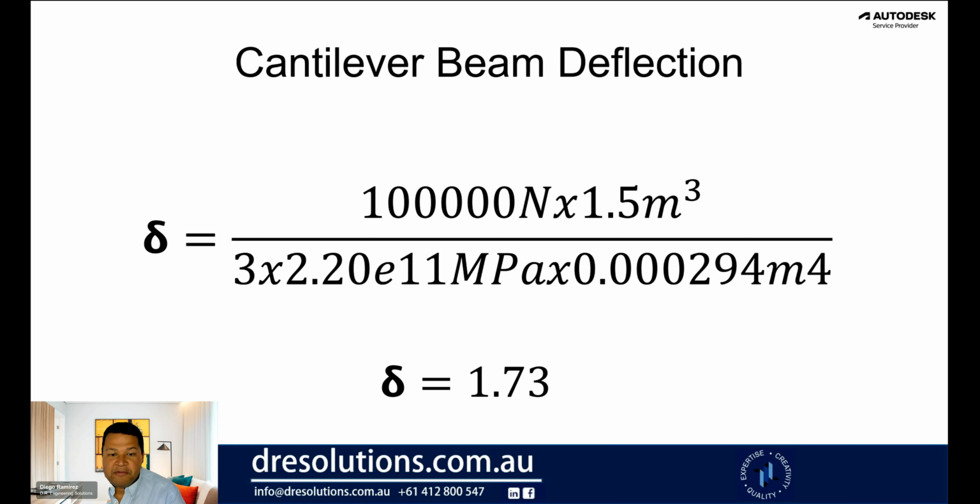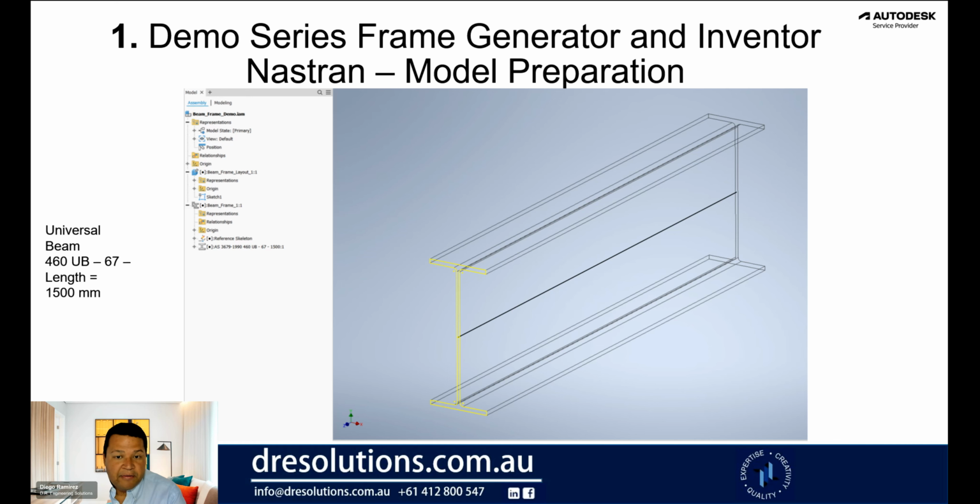So with the information provided, we have calculated that the cantilever beam deflection for these loading conditions and geometry is 1.73 millimeters.